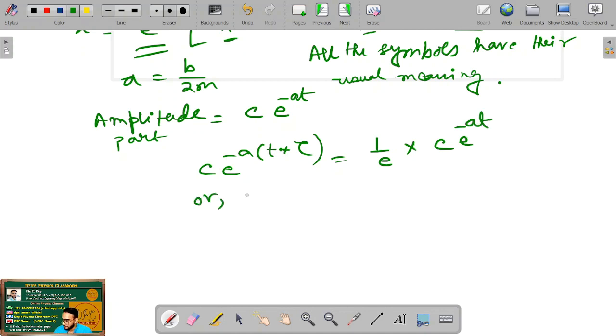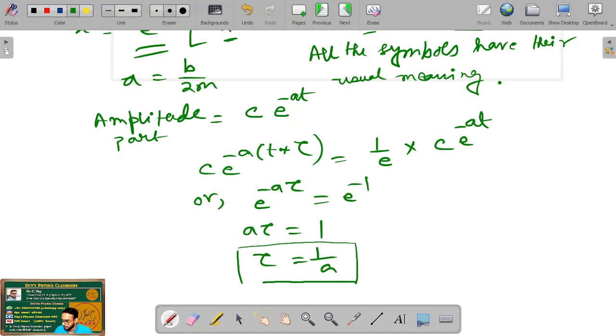Or from here we get e to the power of minus a tau equals e to the power minus 1, or a tau equals 1, or tau equals 1 by a. Which is the expression for relaxation time.